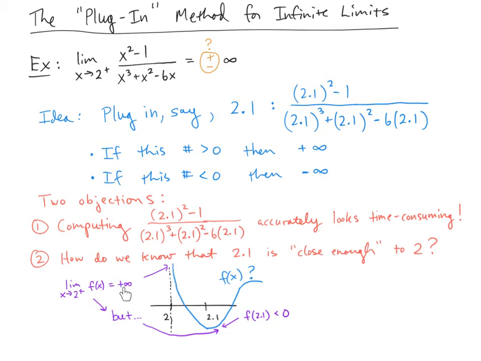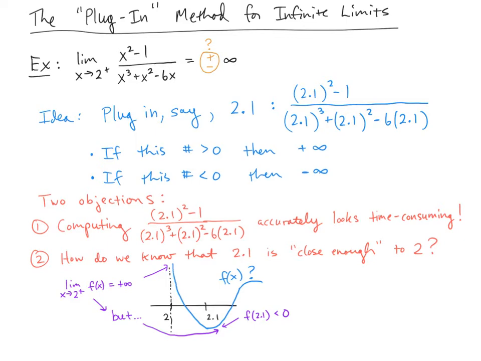So you have a positive infinite limit here as you approach 2 from the right, but f at 2.1 is negative. So the sign at 2.1 is not representative of the sign of this infinite limit. Okay, so those are a couple of objections that could potentially give you a reason to wonder whether this is a good method in general.